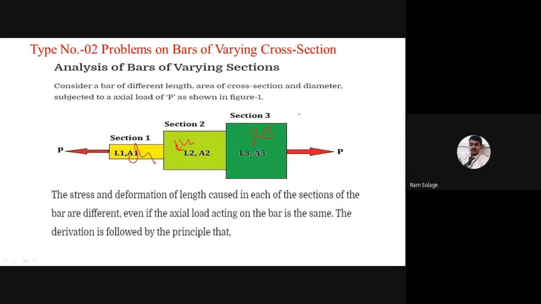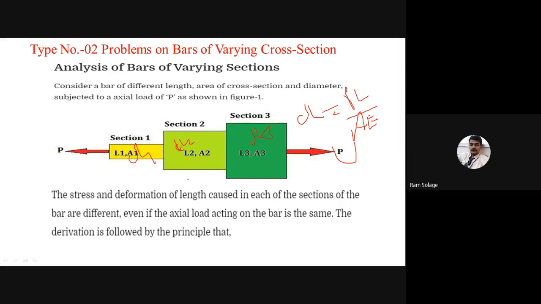How to calculate delta L1? We know the formula of delta L is PL upon AE. This is the basic formula. P is the applied force, L is the length of that section or rod, A is the area, and E is the elasticity.